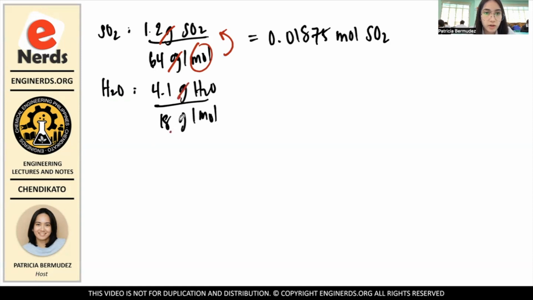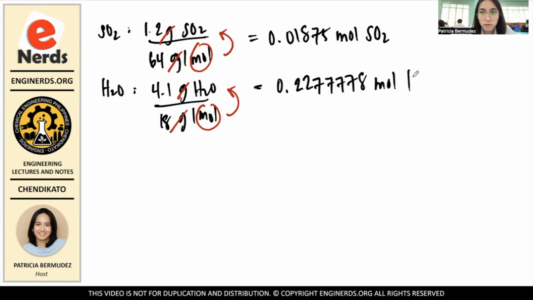Here, the grams and mole cancel. And the number of moles of water is 0.77778 moles of water. I just rounded it off because there are so many 7s.